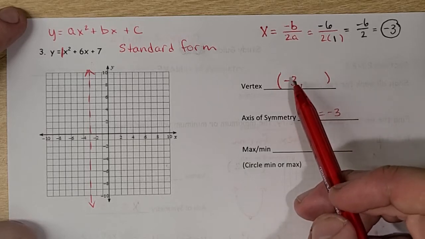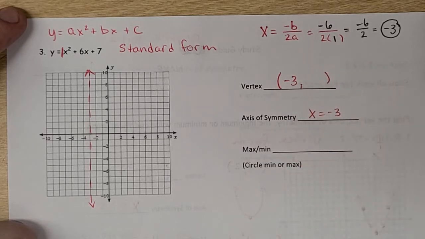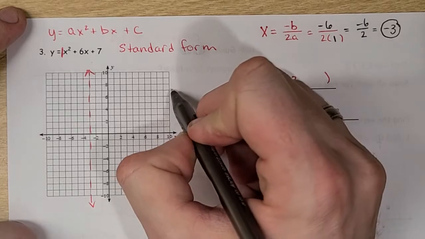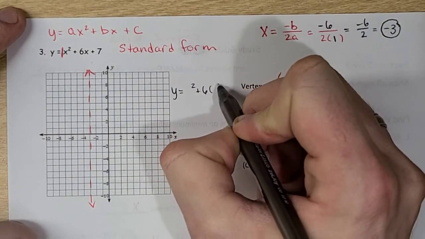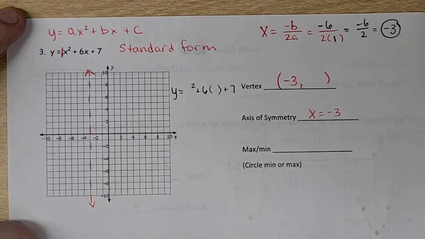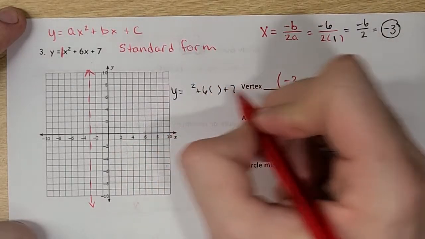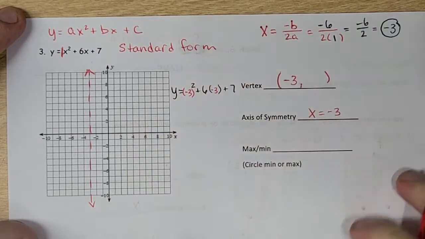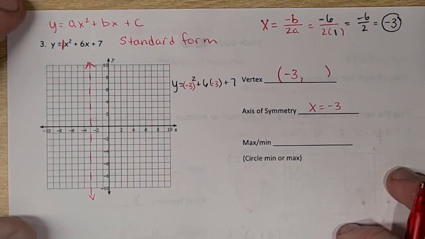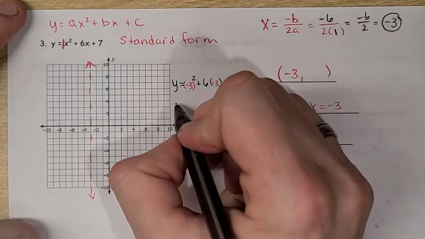Remember, anytime you have an x value and you want a y value, just plug it in. So y equals x squared plus 6 times x plus 7. But in this case, we have negative 3 for my x value. Now notice there were 2 x's, so I plugged it in twice.